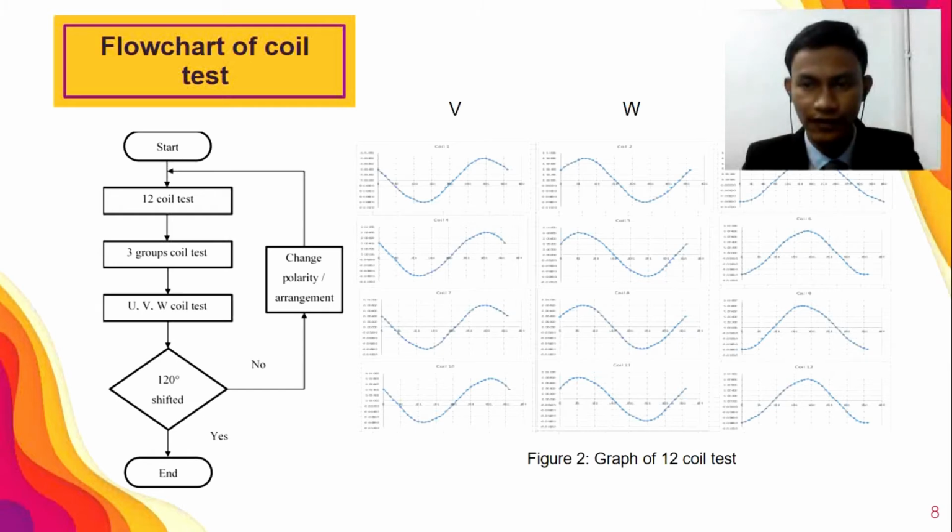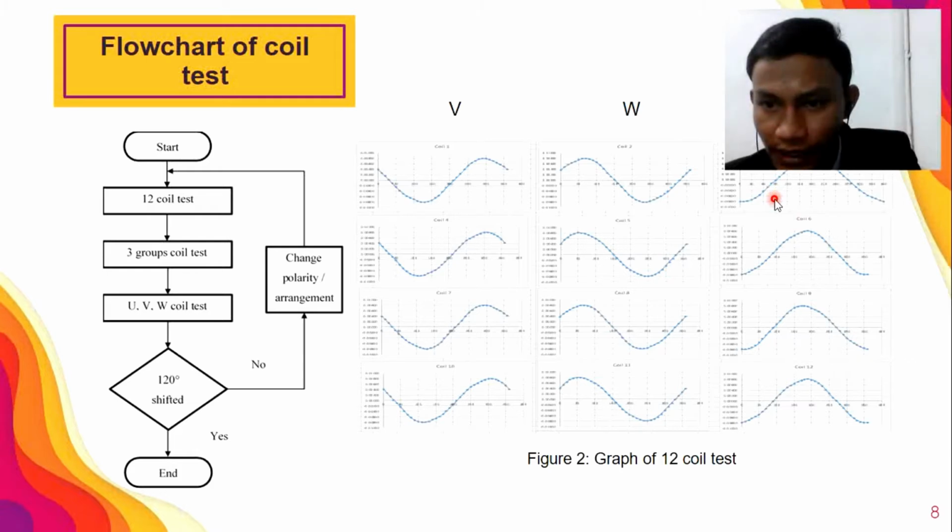To determine the U phase, the principle is that the angle must be 90 to 270 degrees in the waveform. So we choose this waveform as U because the angle is in the range of 90 to 270 degrees.